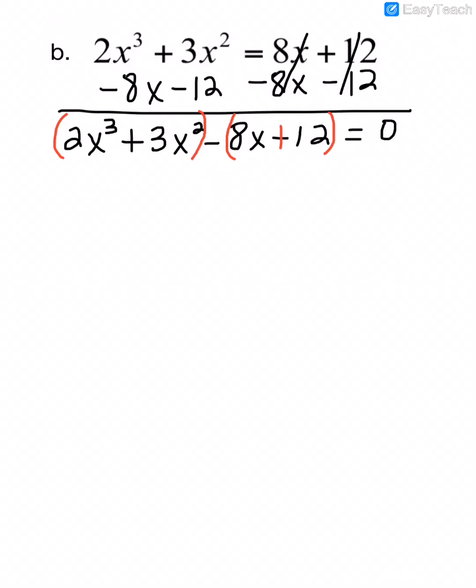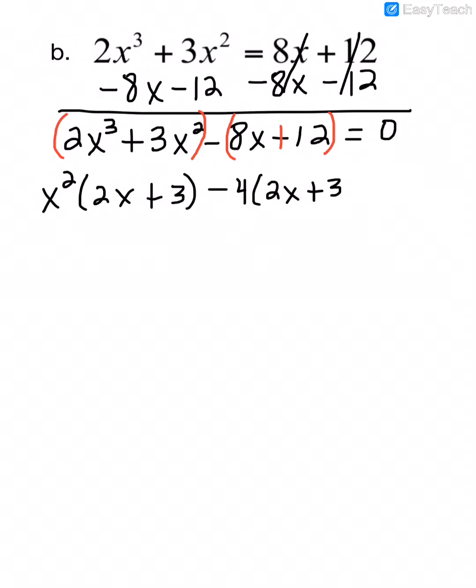In the first group, the greatest common factor is x squared. If I factor out an x squared, I'm left with 2x plus 3. In the second group, the greatest common factor would be 4. If I factor out a 4, I'm left with 2x plus 3.